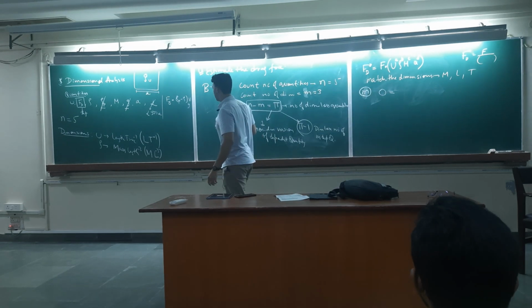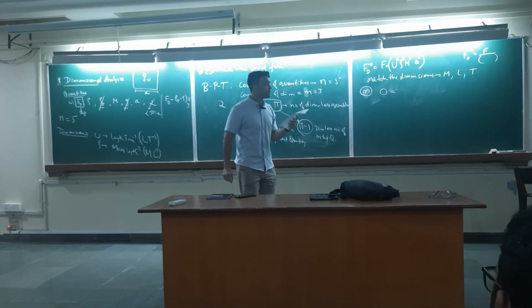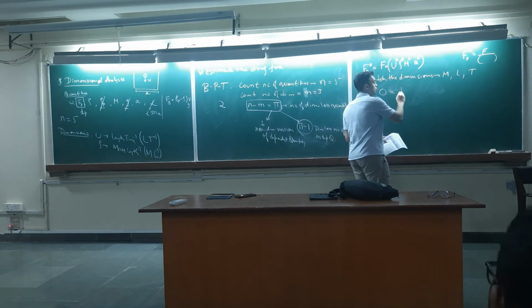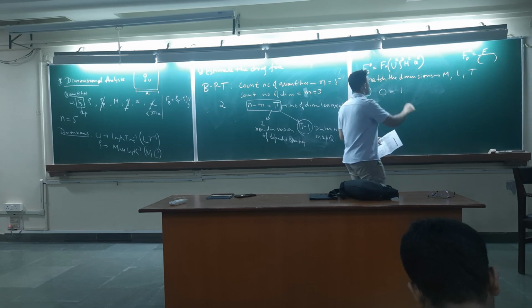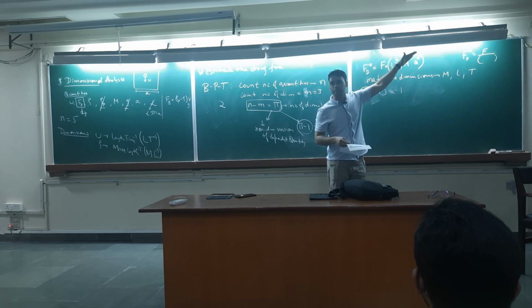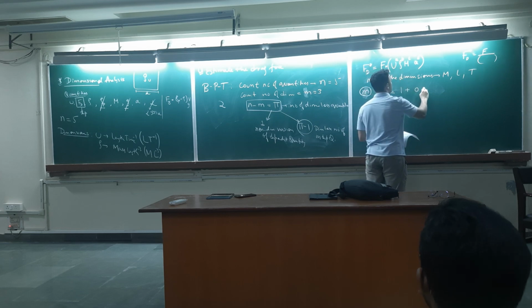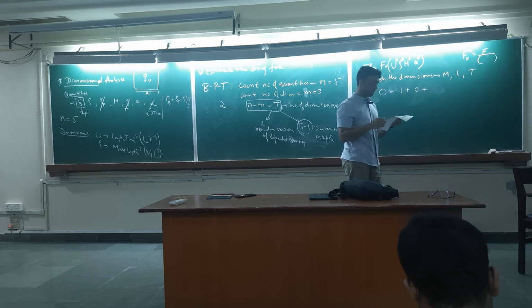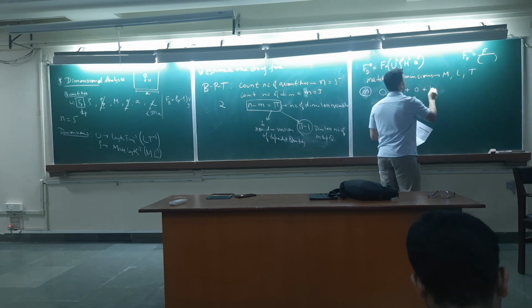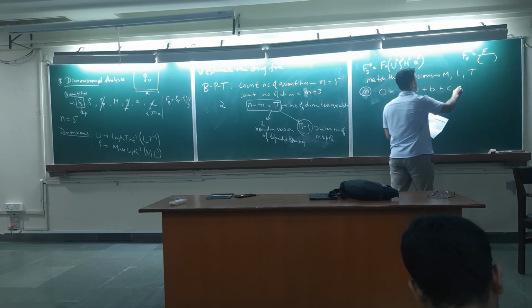Look at the table: F is M L T to the minus 2, so it's just 1. You just have to match the exponents. Although it's multiplication, the exponents just add up, right? 1. What about U? 0. Now what about density? B. What about viscosity? Plus C. What about size? 0.